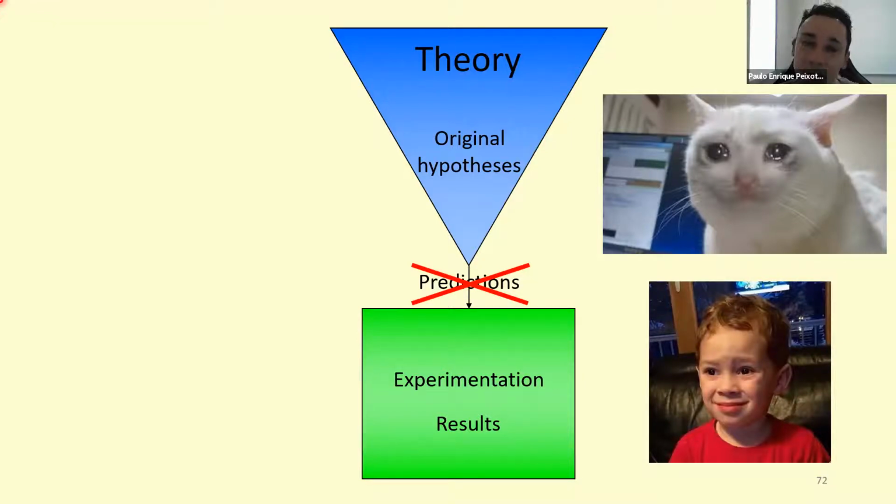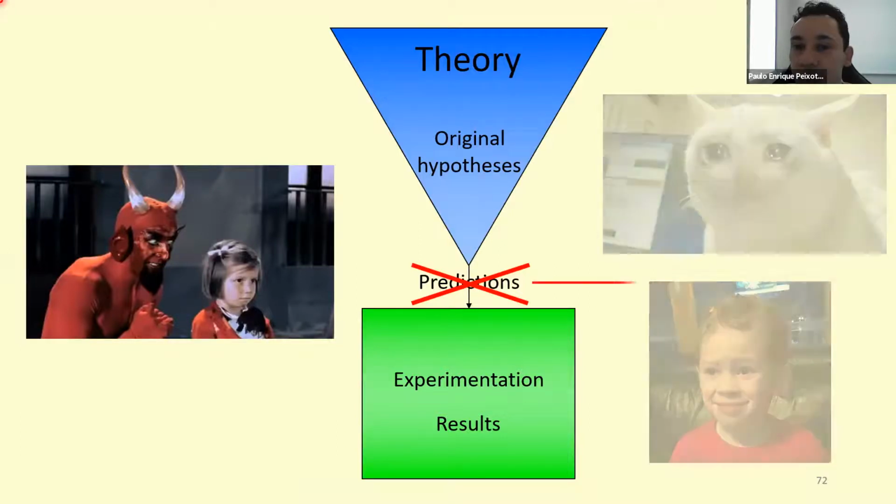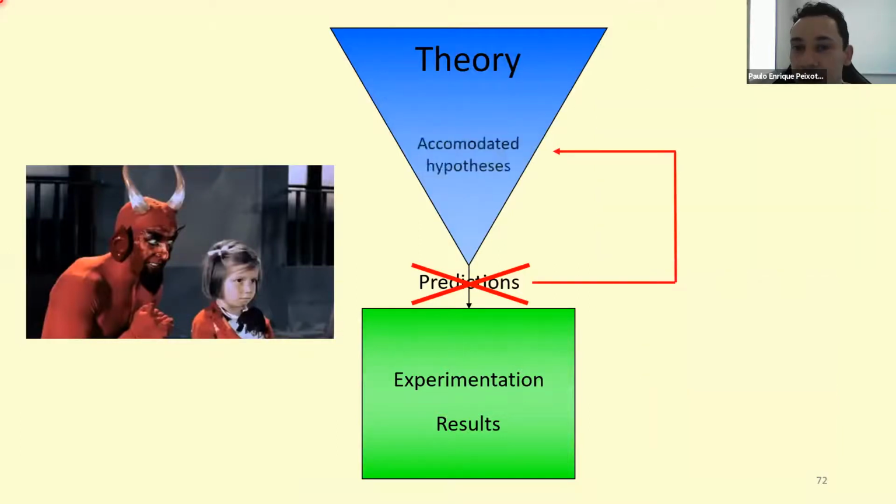And when this occurs, the devil is always nearby, and it will whisper in your ear, oh, change your hypothesis. Present it as if it was your original one, and you will be tempted to do this thing, to change your text. And instead of presenting your original hypothesis, you will present an accommodated hypothesis, a hypothesis that was adjusted to your results, okay?